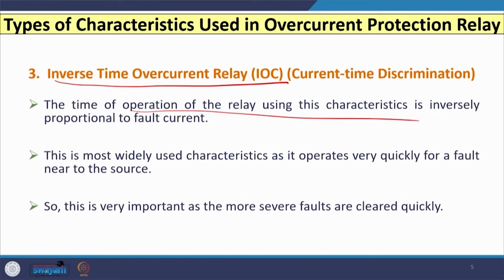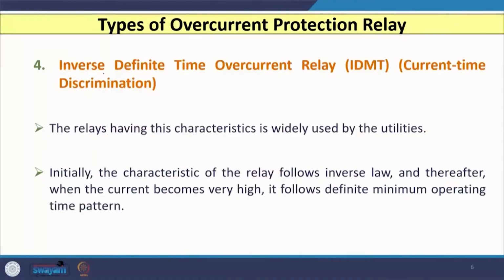As we move from normal inverse to very inverse and from very inverse to extremely inverse, the curve or slope of the characteristic becomes steeper and steeper. So it is very important for the user to select which characteristic is most suitable for the application. The fourth type of characteristic is known as the IDMT, or inverse definite minimum time, characteristic.